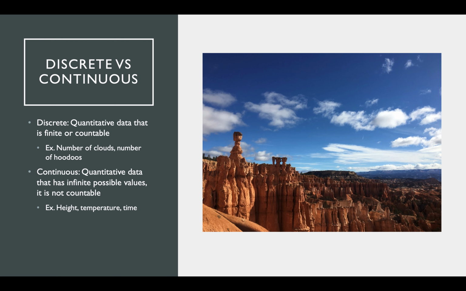Time just keeps on going, it's continuous. You can keep getting smaller from minutes to seconds, milliseconds, and so on. Because you can get smaller values, it would be continuous. And these ones can have decimal places. So the discrete are whole numbers, while continuous can have decimal places.